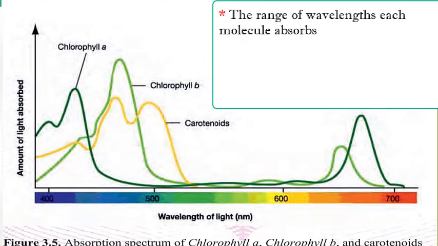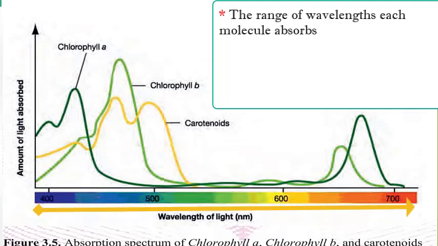Absorption spectra of photosynthetic pigments. Absorption spectra are graphical representations showing how much light a substance absorbs across different wavelengths. That means the range of wavelengths each molecule absorbs.